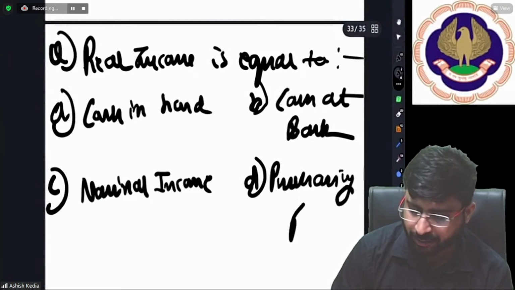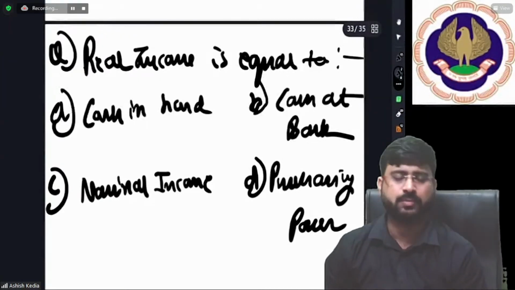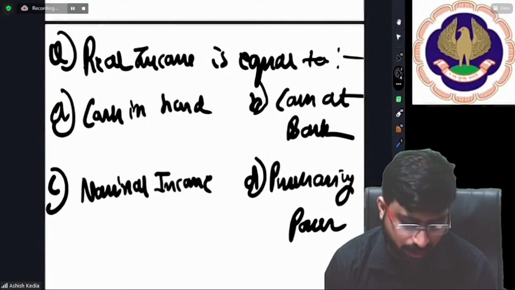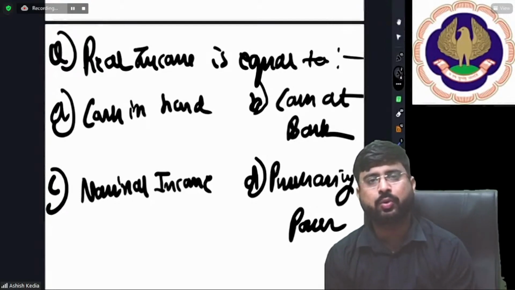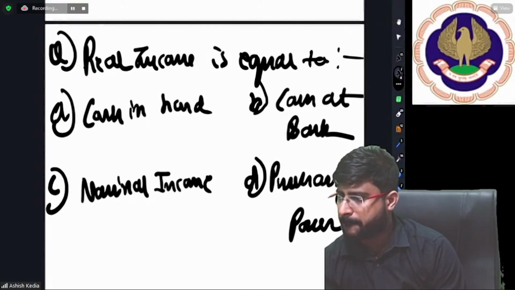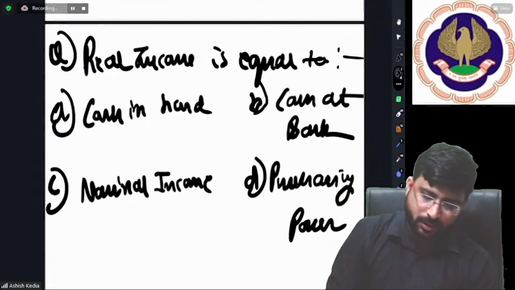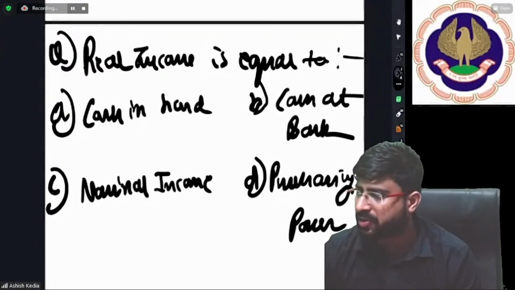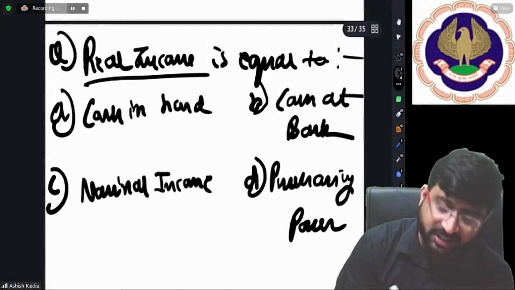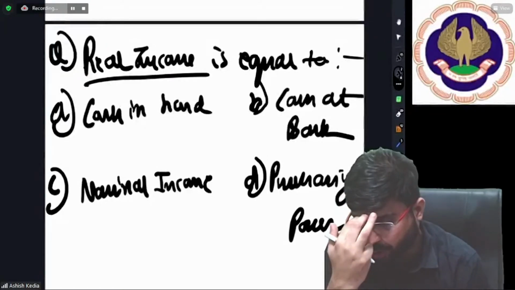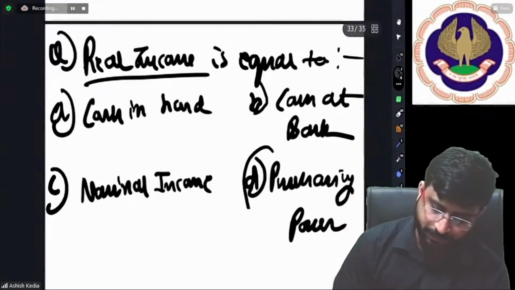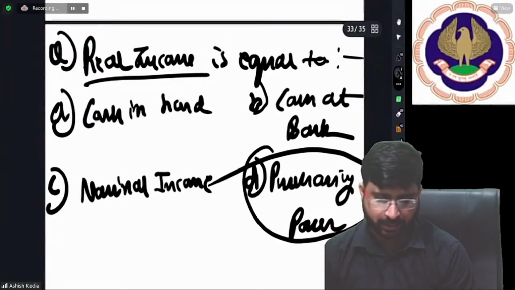What do you think real income is equal to? Cash in hand, cash at bank, nominal income or purchasing power? That's right, everybody. Real income is nothing but purchasing power. I discussed it today while we were discussing the rationale behind the law of demand. So I told you, it relates to purchasing power. Okay.